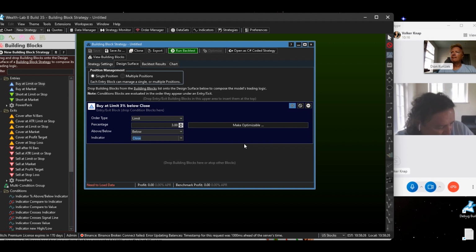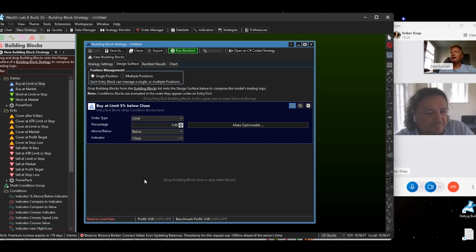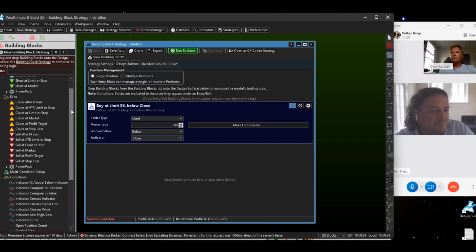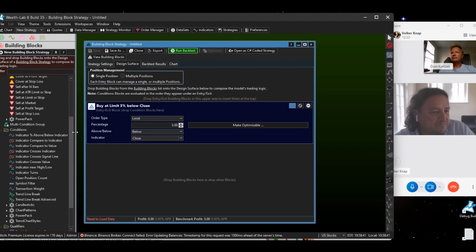Yeah, and here's the next one. The close has to be above the 200-day moving average. Okay, so we need to add a condition to this buy limit. So we use indicator, compare to indicator.